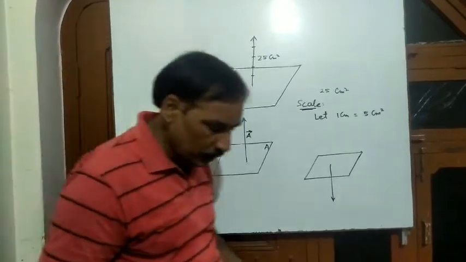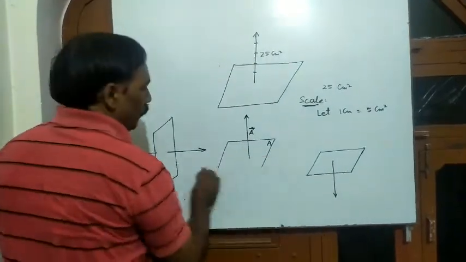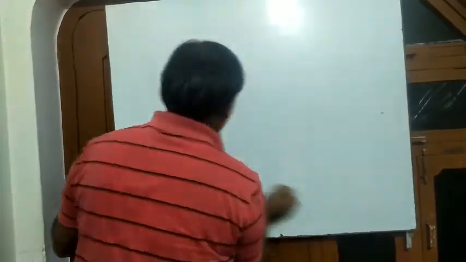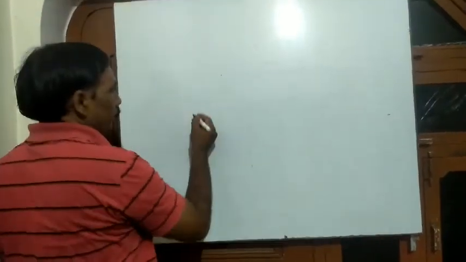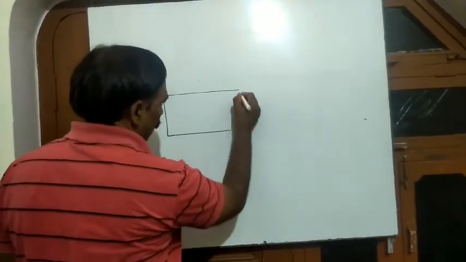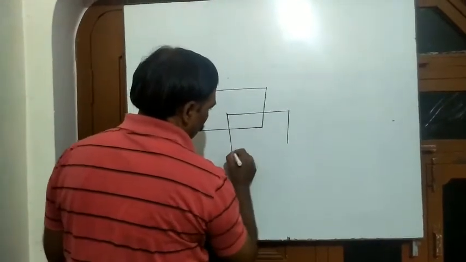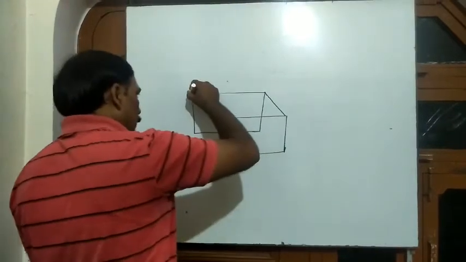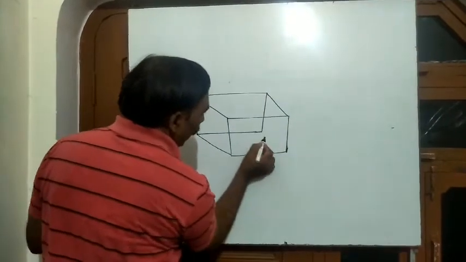Clear? But for closed surfaces, suppose we have a closed surface, a cube, a sphere, a cuboid, like this. This cuboid is a closed surface.